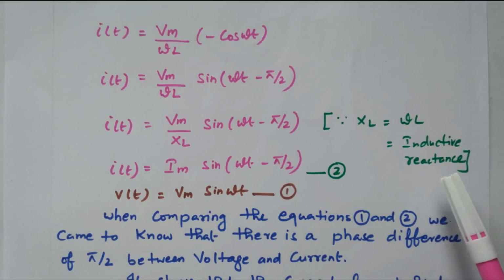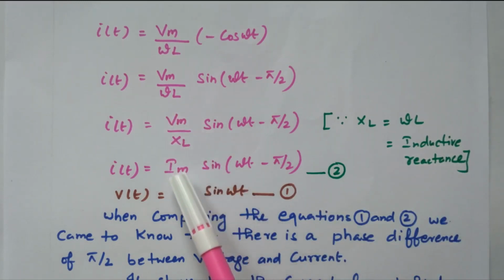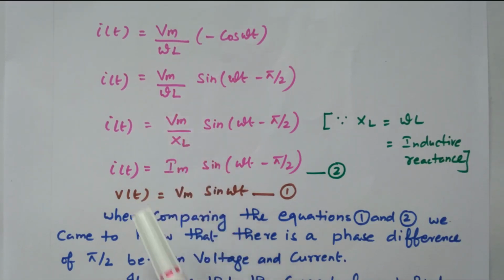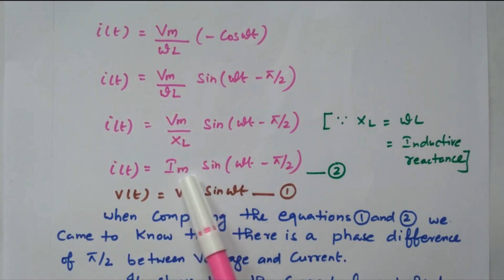That is very similar to resistance. In the inductive circuit, the resistance offered by the inductor is nothing but the inductive reactance. So V by inductive reactance can be written as current, like I equal to V by R. Here it is V by XL. So this Vm by XL is replaced by Im.